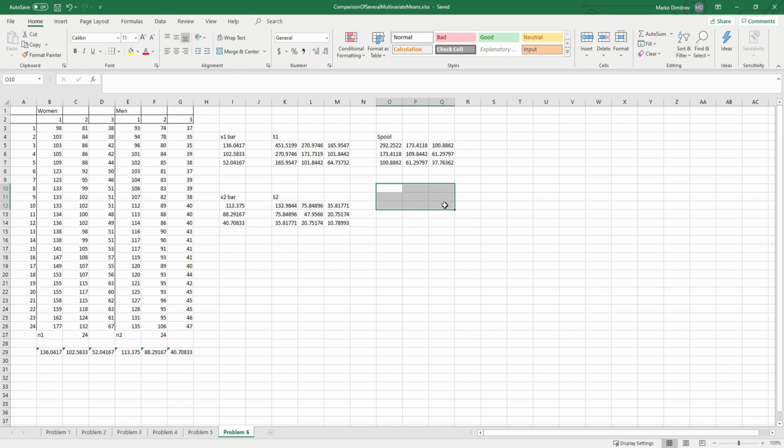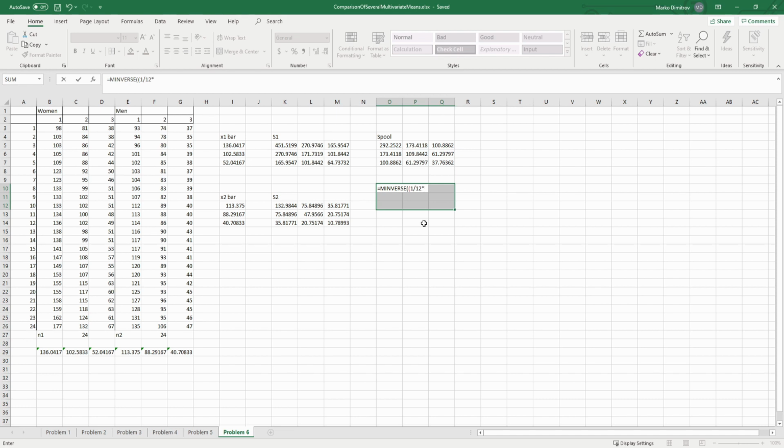Then what we need is 1 divided by n1, so the matrix inverse of our matrix. Because the sample size is the same, 1 divided by n1 plus 1 divided by n2 is just 1/12, right?